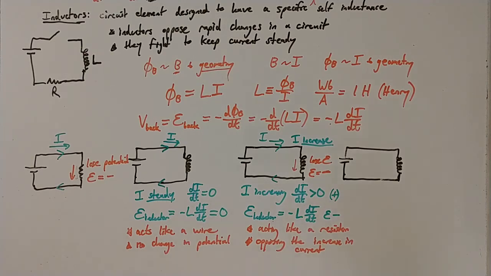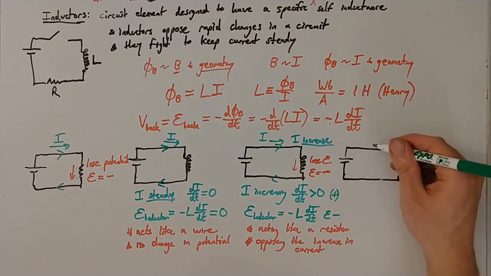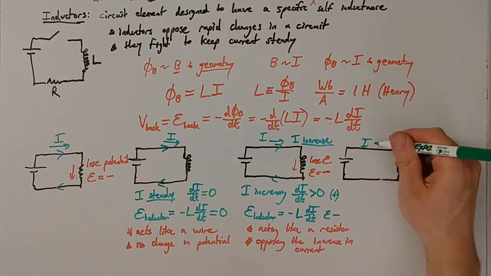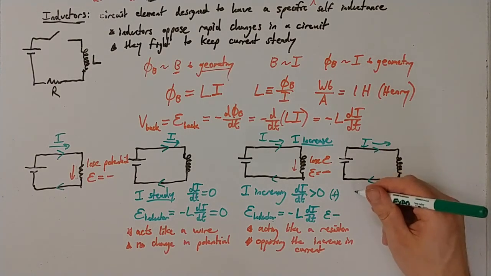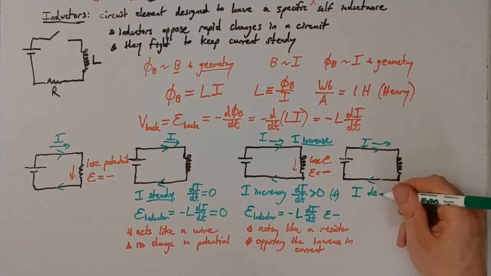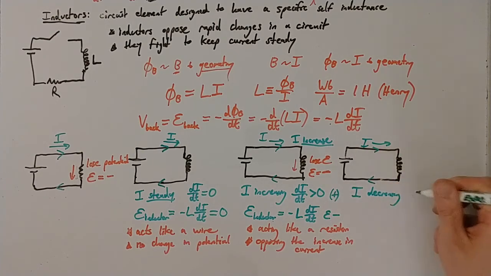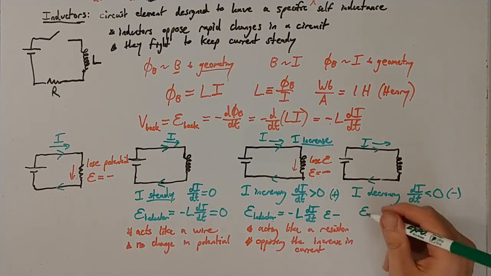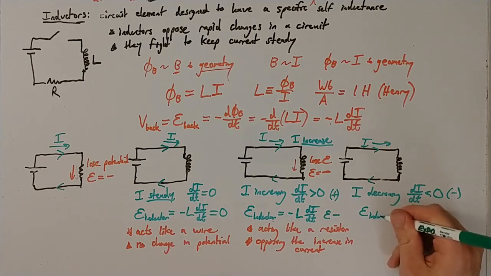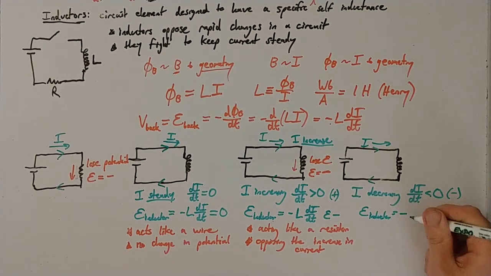All right, final situation. And maybe you can see where this is going. Now, if we have current again flowing, but now we're going to decrease it. So we're going to have I decreasing. That means di/dt is going to be negative, less than 0. And now if we do EMF of the inductor, it's going to be minus L di/dt.